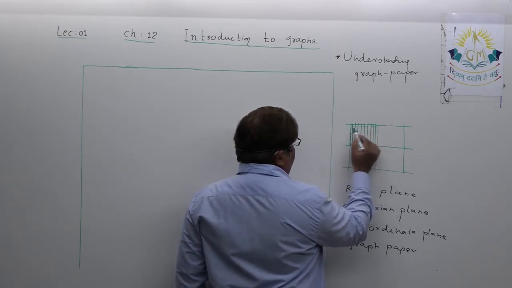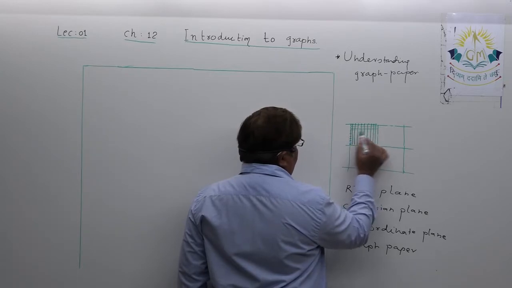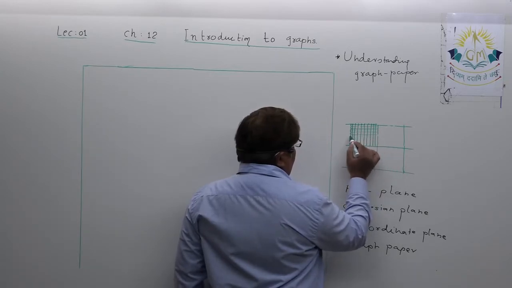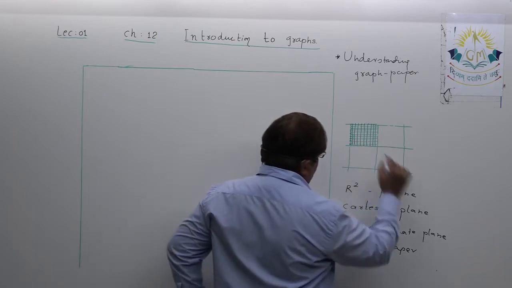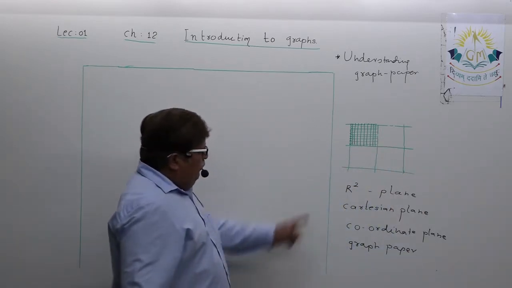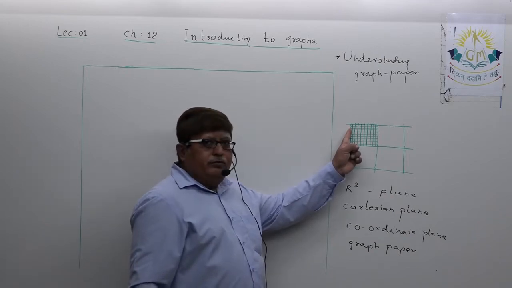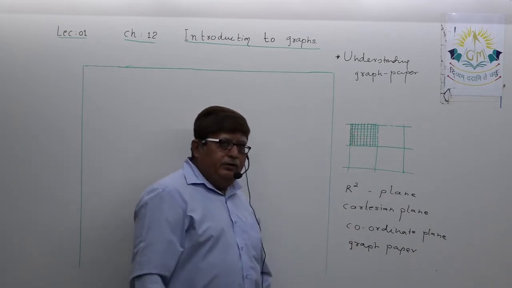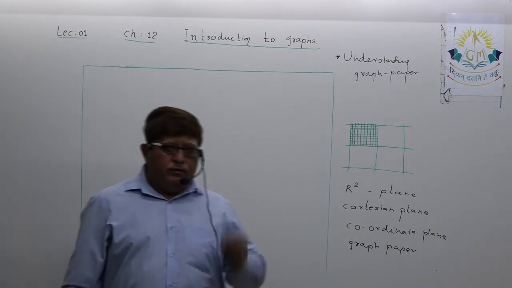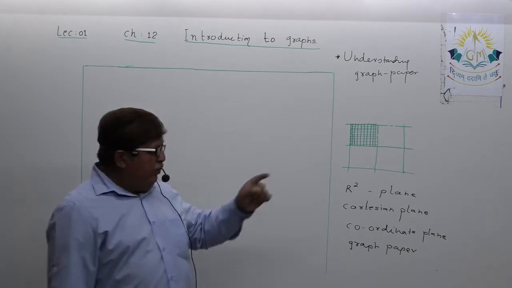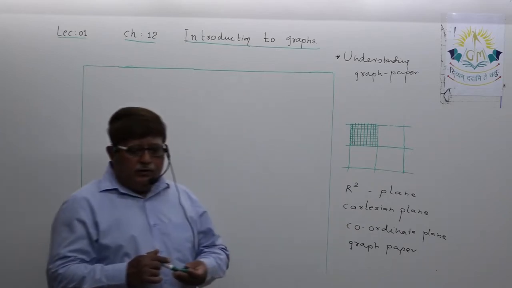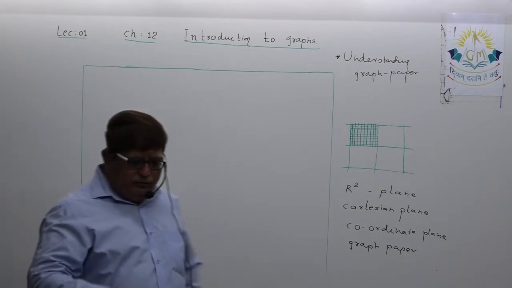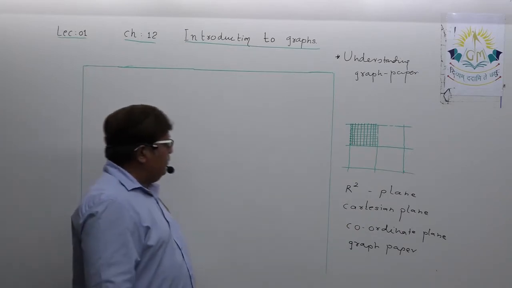Such lines you must be observing. Understand? You just have a look at your graph paper properly. This way, each box is divided into 10 parts. Understand? You just have a look at your graph paper, dear student. Okay?